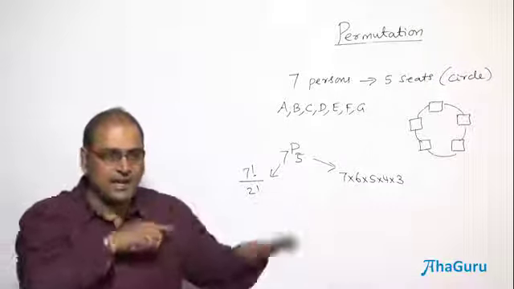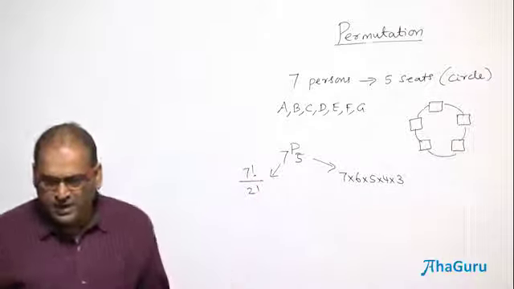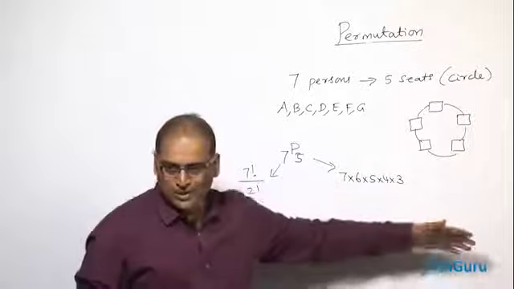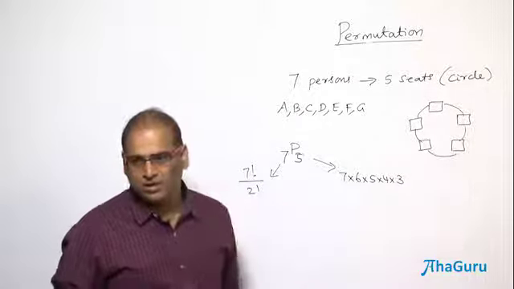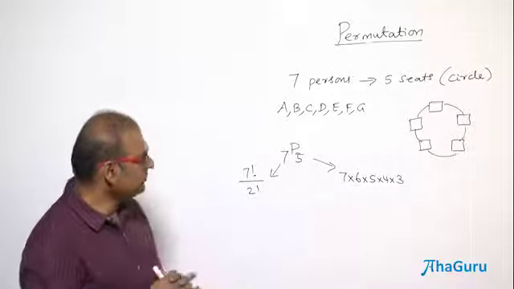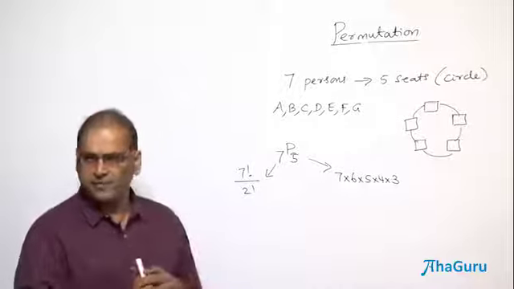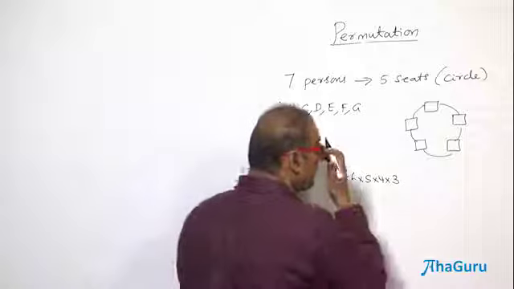Okay, that is linear. Then there will be a lot of linears, but that will reduce to circular. How many will you divide? Divided by what? Divided by 5? Yeah, divided by 5. Why 5? So you are going to divide by 5, right?